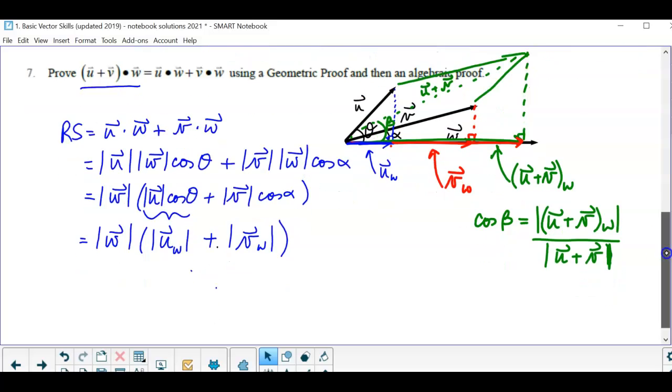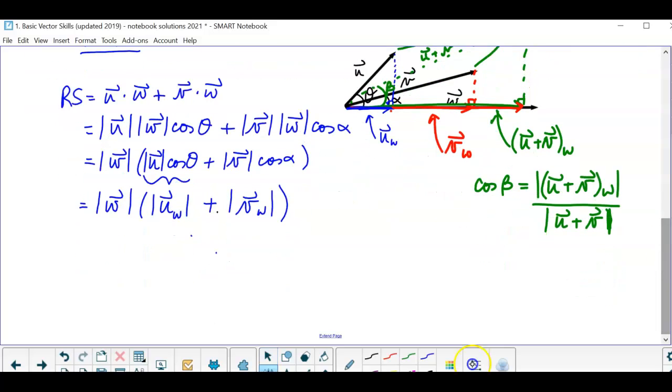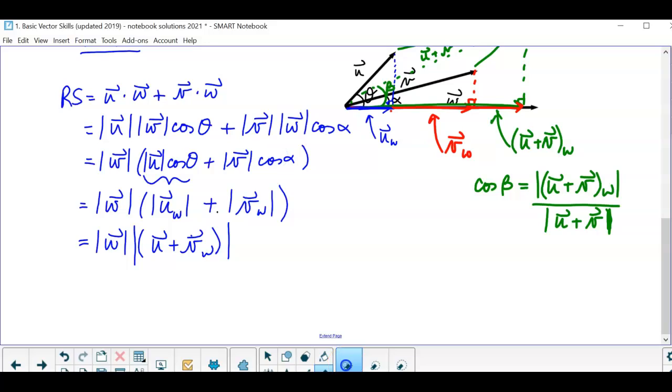So this is the same as the magnitude of U plus V on W. Based on that, we can replace this with magnitude of U plus V cosine theta.